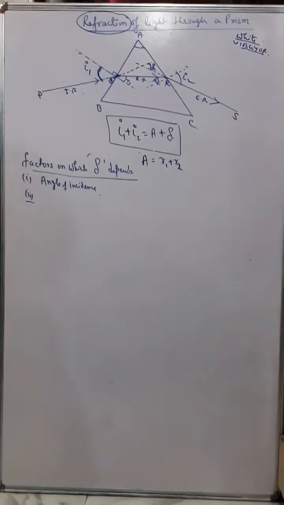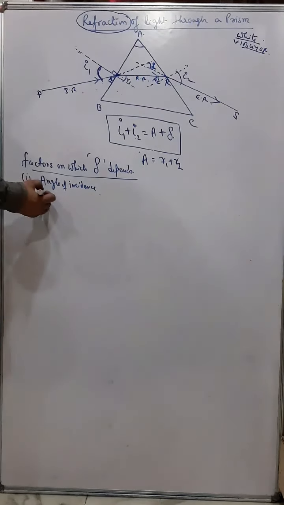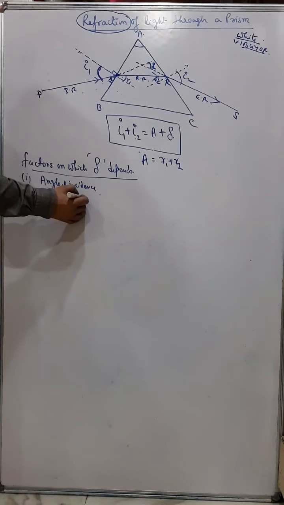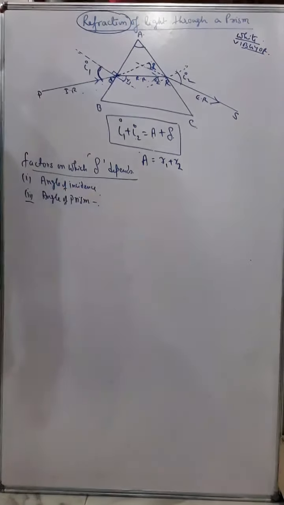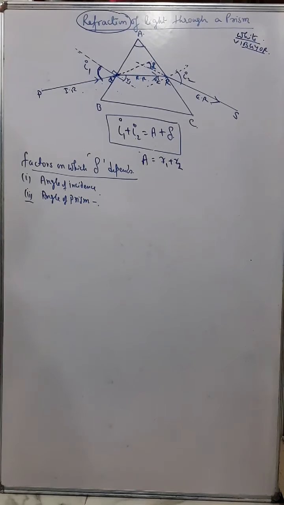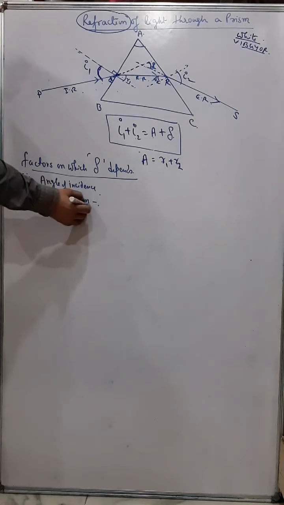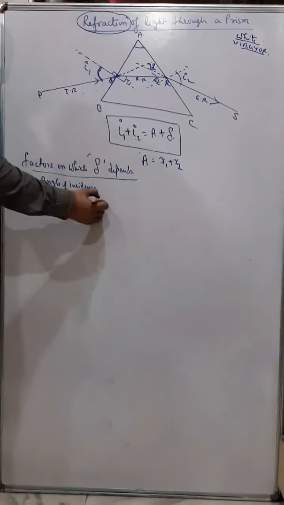Next, the factor it depends upon is the angle of prism. Okay. Now how does it depend on the angle of prism? Greater the angle of prism, more is the deviation.